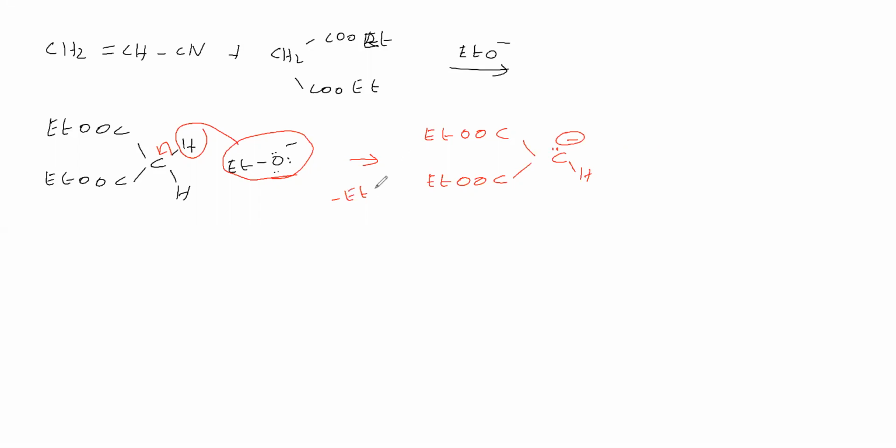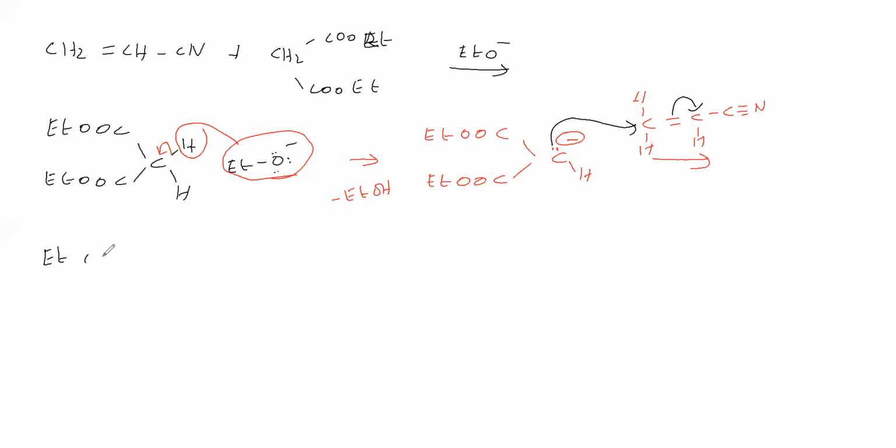Ethanol is lost, and we got the carbanion. This carbanion is attacking vinyl cyanide. This lone pair attacks this carbon, and this pi bond shifts to this carbon.